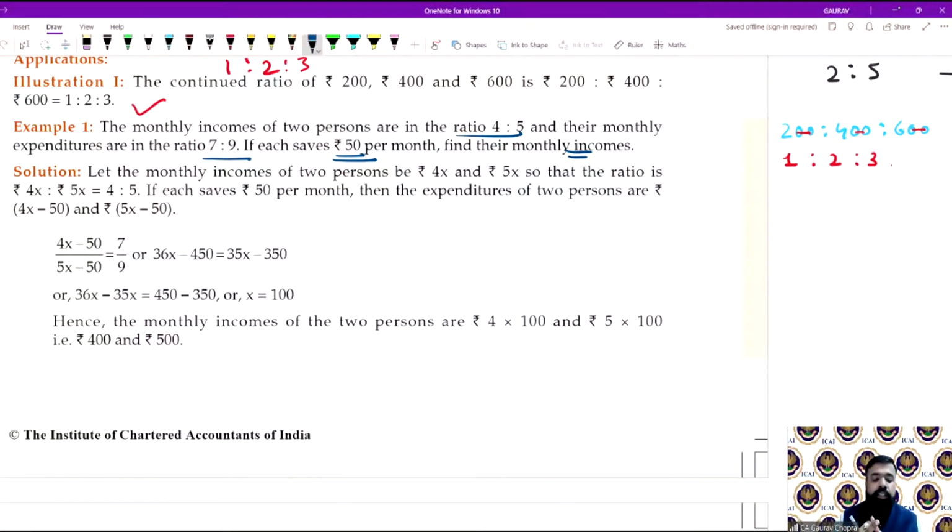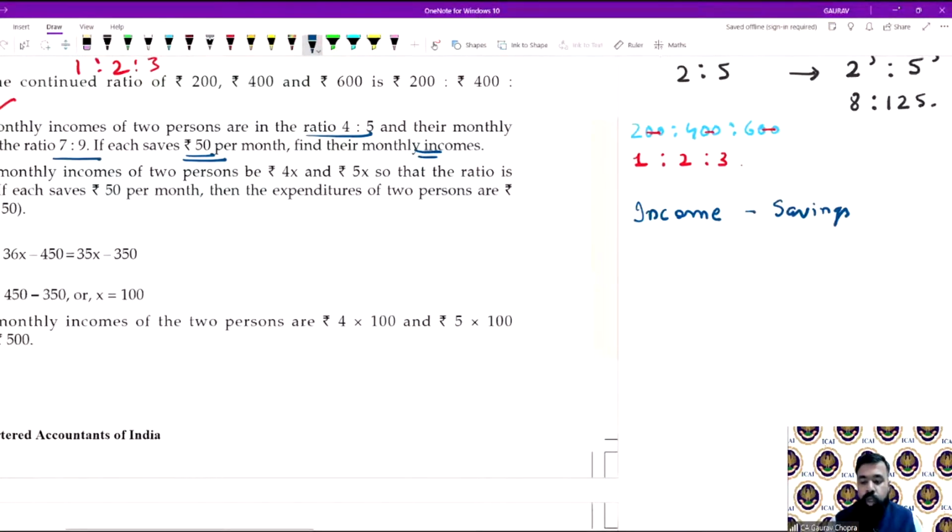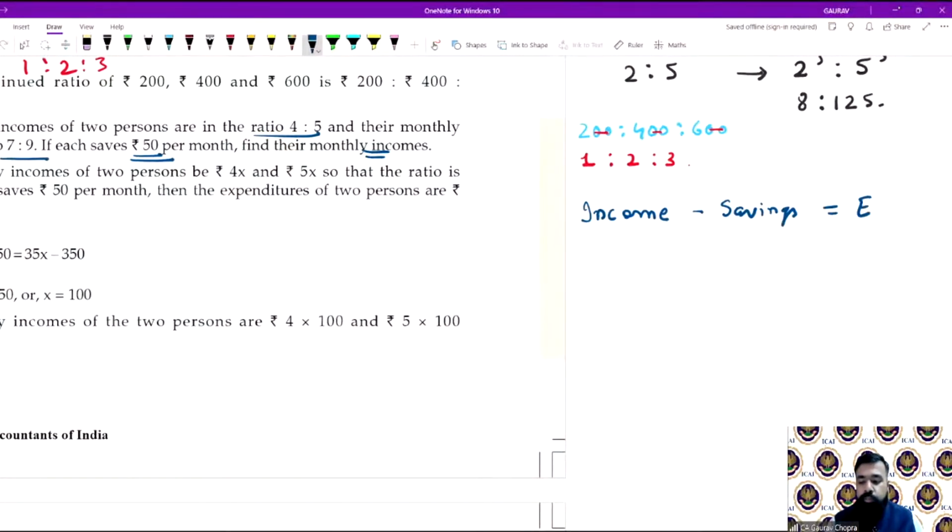If you subtract savings from income, what do we get? Expenditure. Income minus savings is equal to expenditure, or you can say expense plus saving is equal to income. This is a basic thing which we did in accounts.